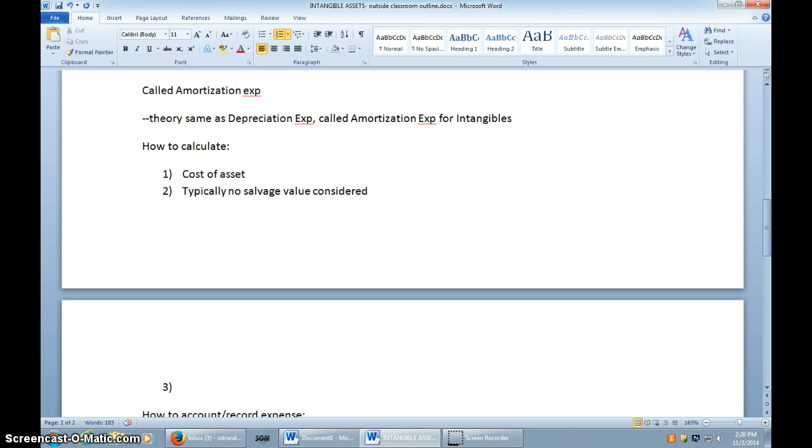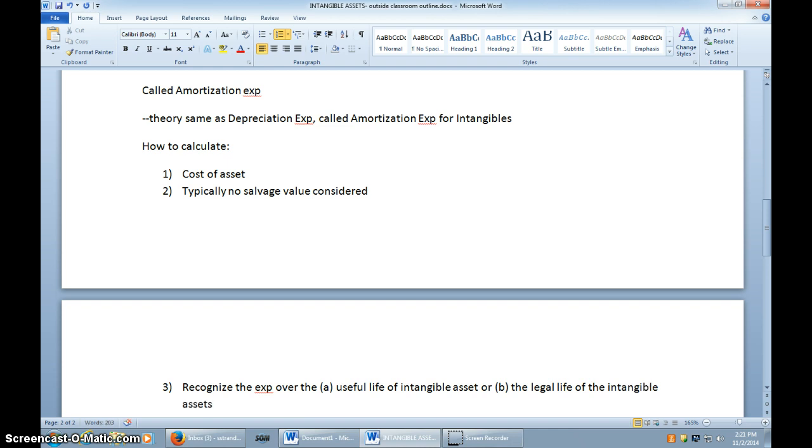And we're going to recognize the expense over the useful life of the intangible asset or the legal life of the intangible asset, whichever is shorter.